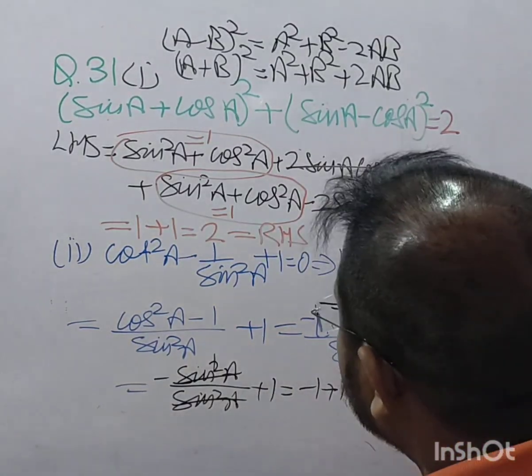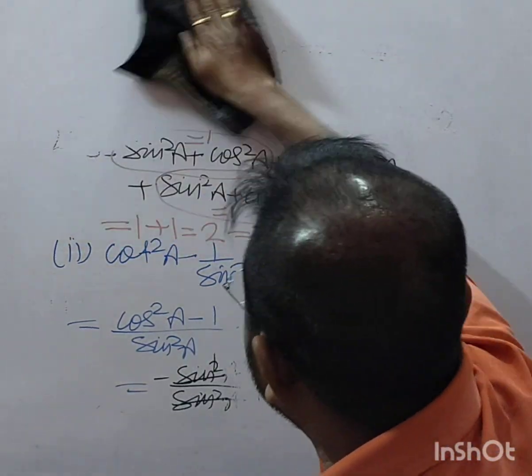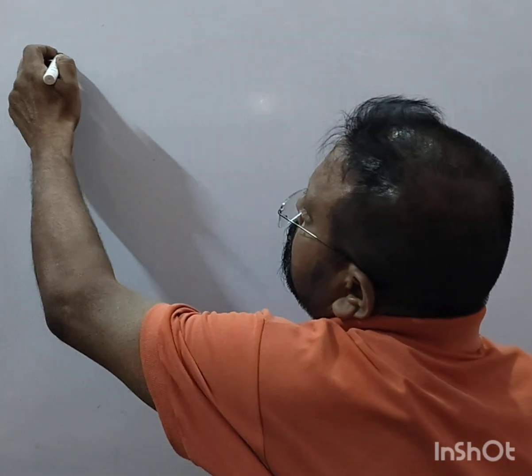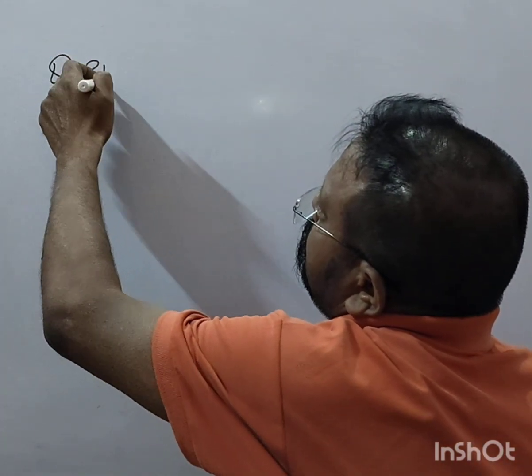Done, sir. What is the third part? Question number 31, na? Yes, sir. For the third part, there will be no answer because it is proving.